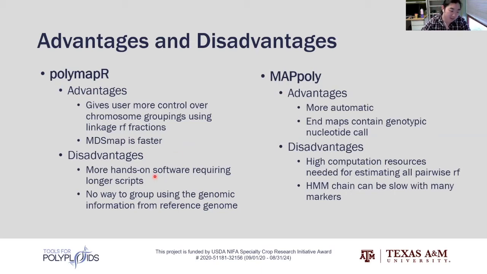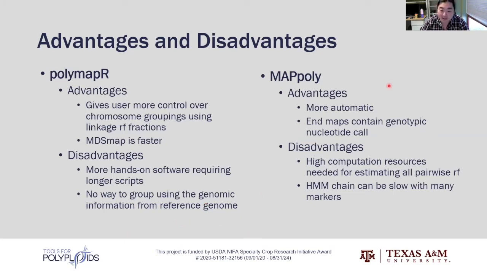And I think the last disadvantage may be that there's no way to group using the genomic information from the reference genome. Again, that might be incorrect, but from what I know about Polymapper, that's what I think, unless there is something hidden that can do that.